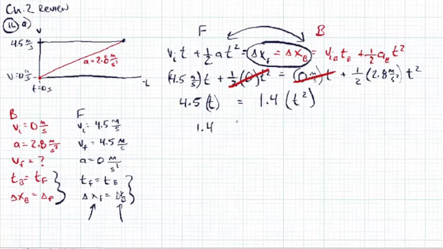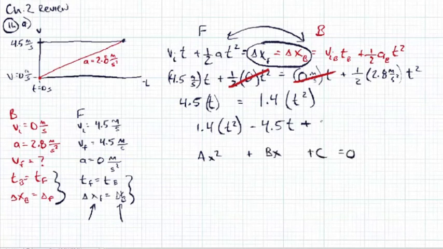1.4 t squared. And what we're going to do is subtract this 4.5 t from both sides, minus 4.5 t. And for clarity's sake, since remember our quadratic is ax squared plus bx plus c equals 0, I'm just going to put a 0 in there for the c as a placeholder, equals 0.